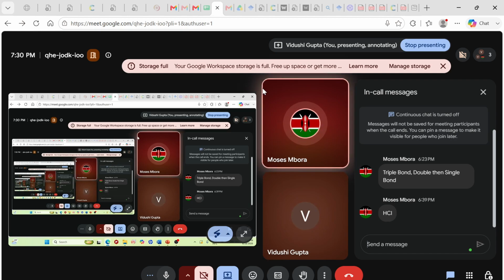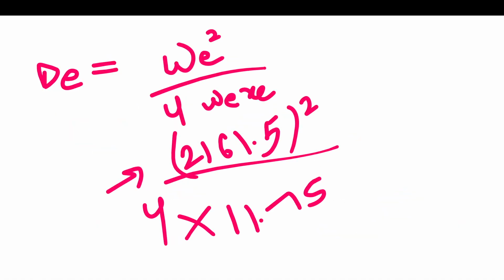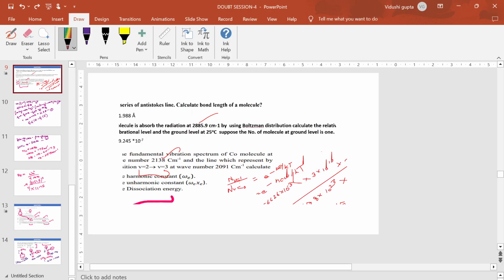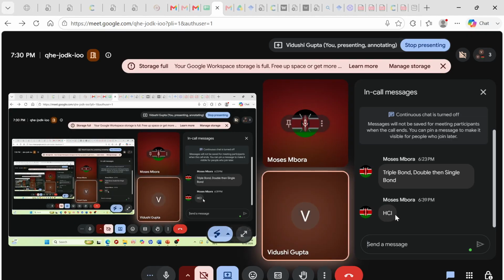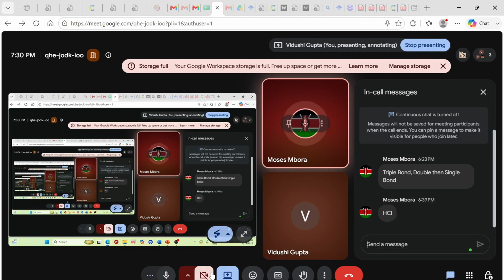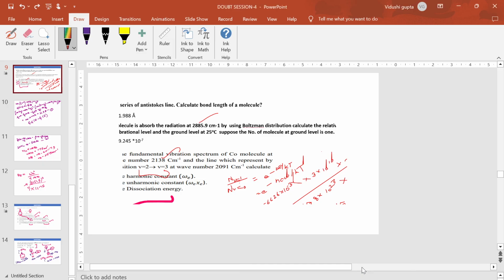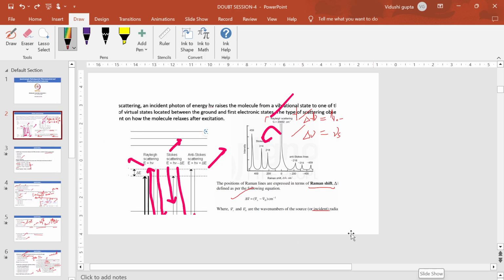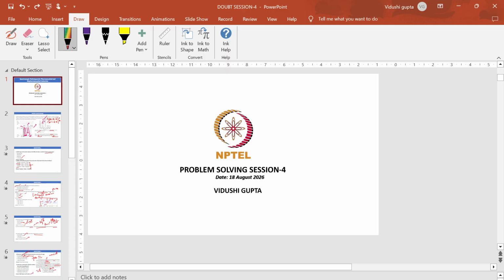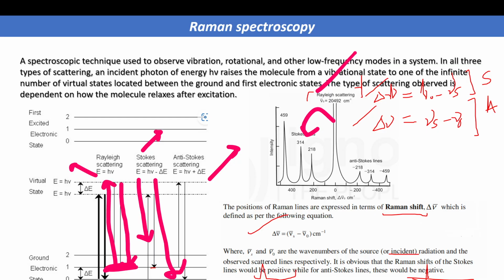I am not seeing your presentation screen. It is blocked. In case you are presenting something on that side, I'm not able to see it. It has so many messages, and it is not clear. I can see your logo and your name, then my logo and my name, and the same thing spread on the other side of the screen.